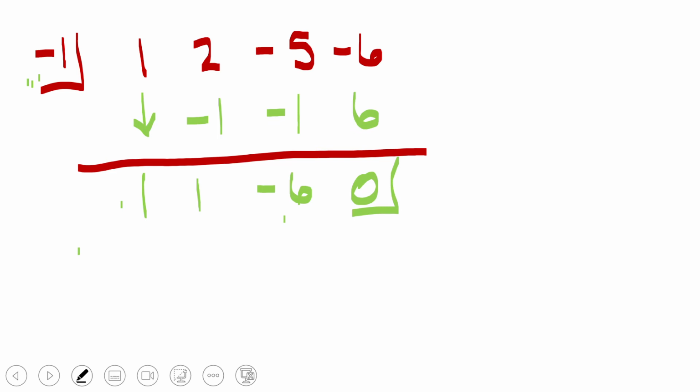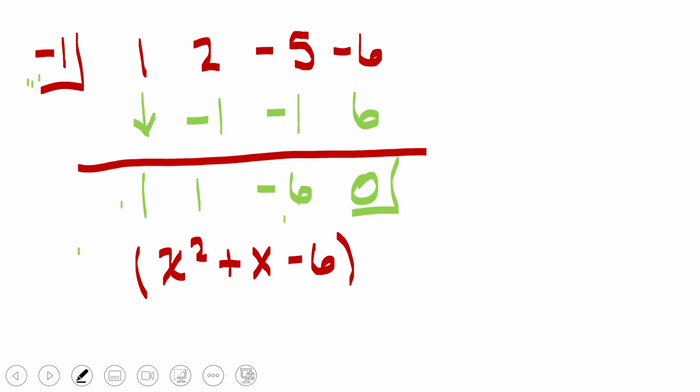Because we started with our x cubed term in the original polynomial, we're decompressing in synthetic division, and we will rewrite our new polynomial as x squared plus x minus 6 is equal to 0. So if that's true, then this is one of the factors of our original polynomial.